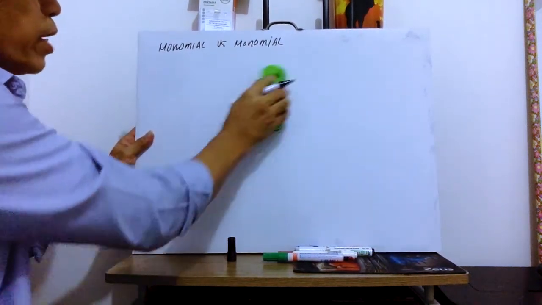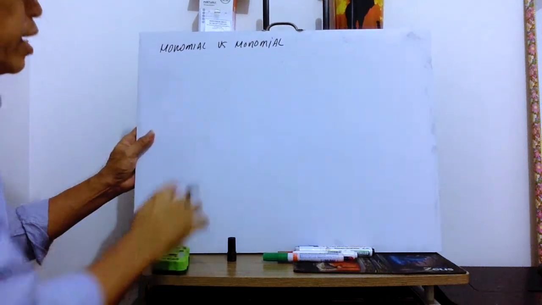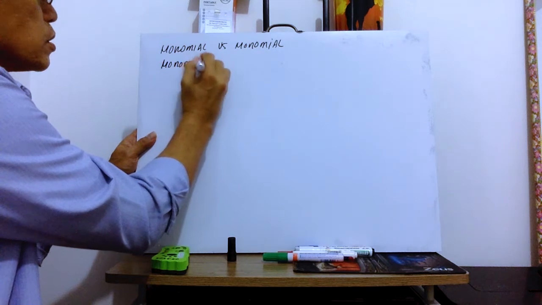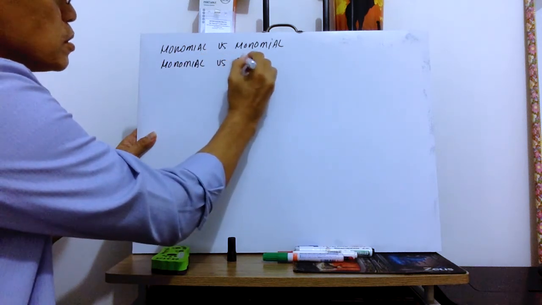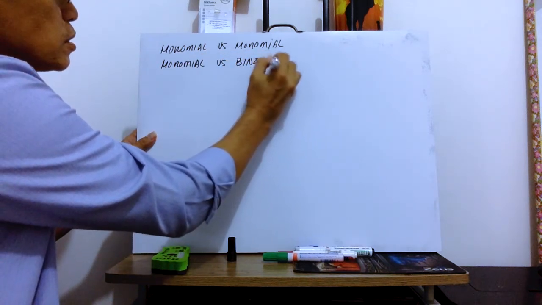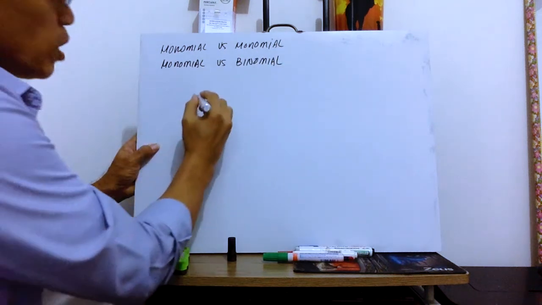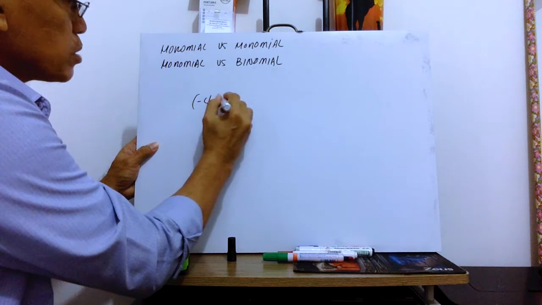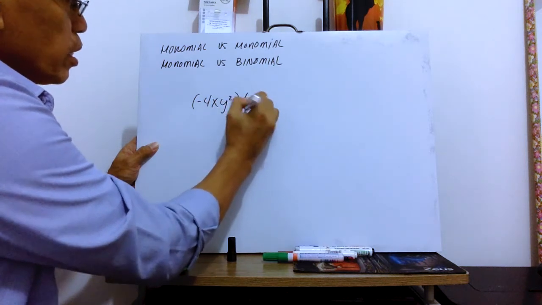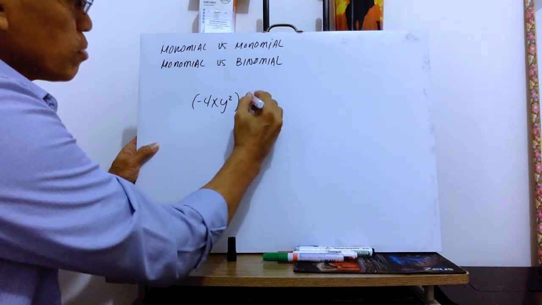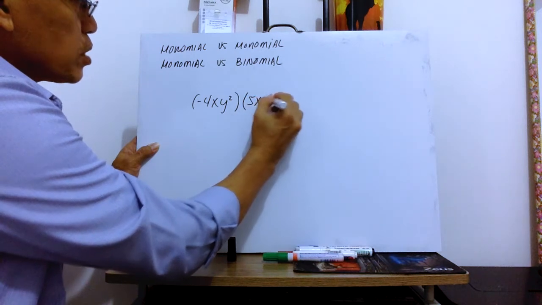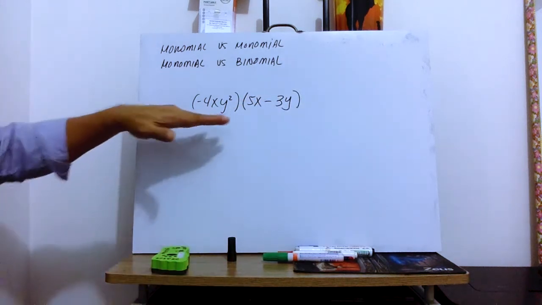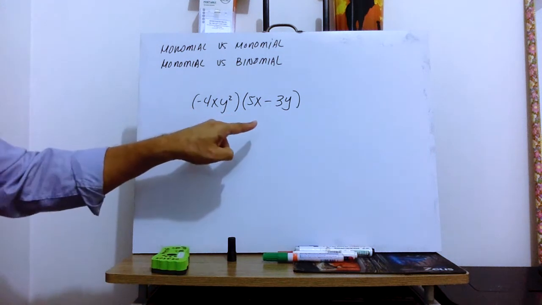How do we multiply a monomial and a binomial? I have a monomial here, let's say negative 4xy squared, and then this is 5x minus 3y. This is a monomial, that's a binomial.